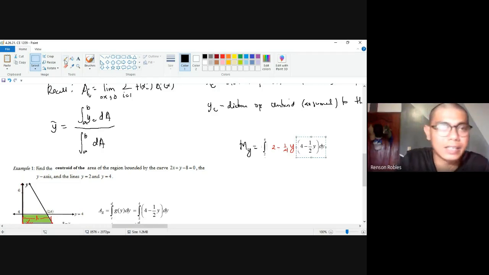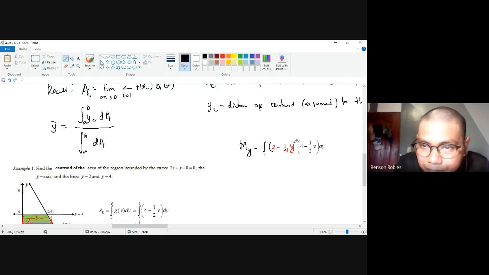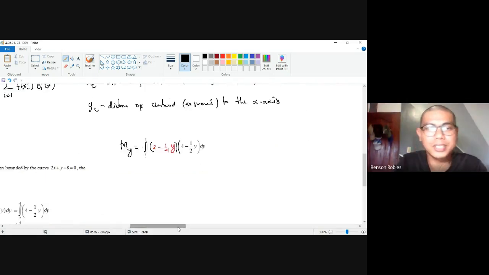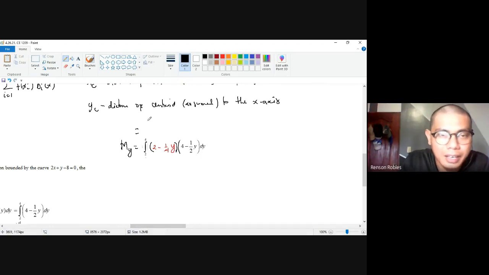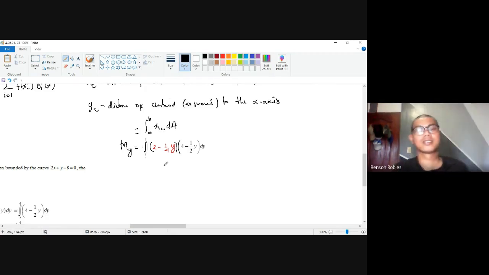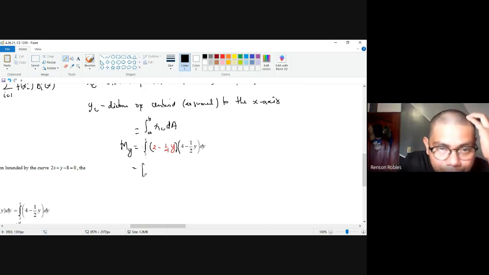Then, simplify na natin. This is from A to B, XC dA. And then we simplify. From 2 to 4. So 2 times 4, it's 8. Then minus y plus 1/8 y squared dy.